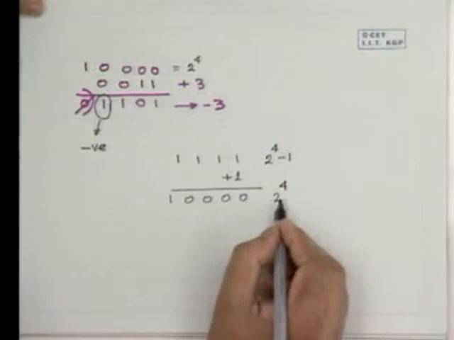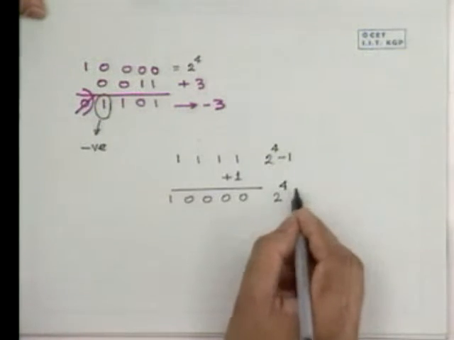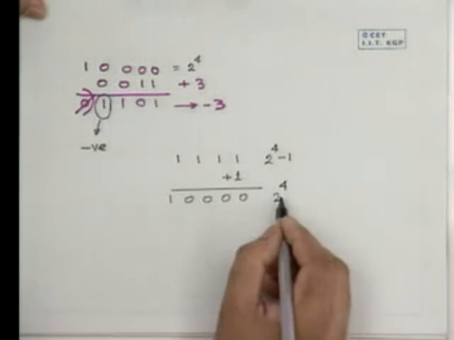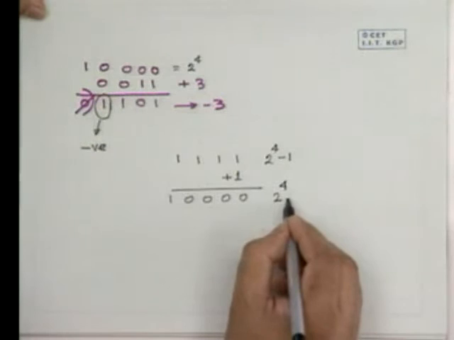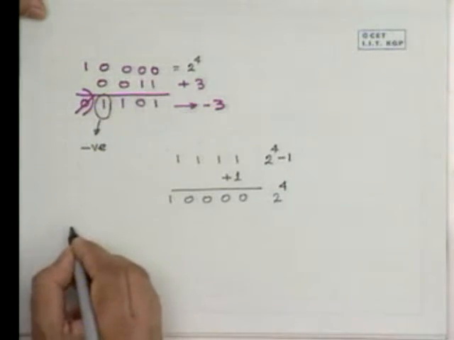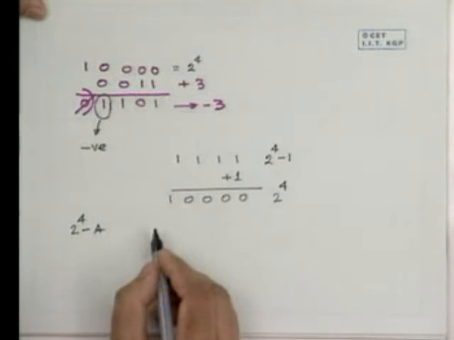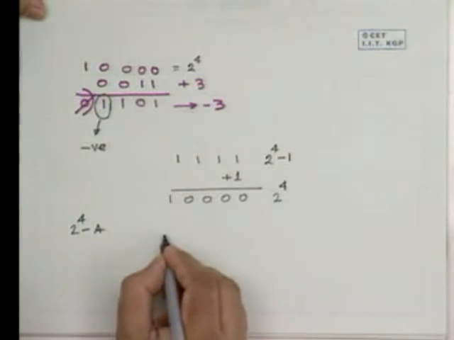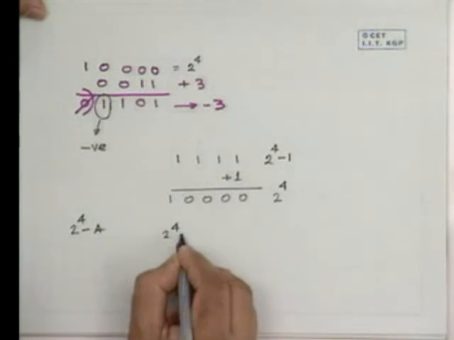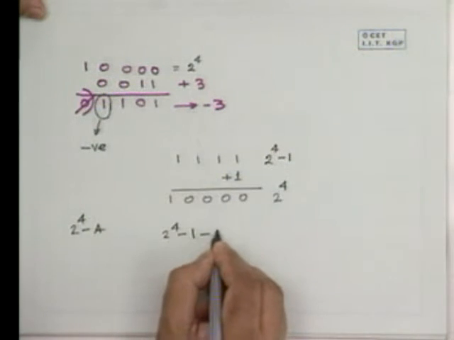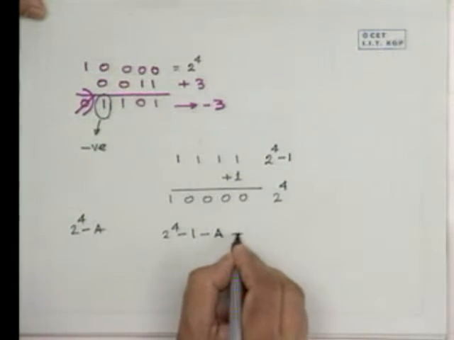Now, when we want to get a negative number represented as 2 to the power 4 minus a, what we can do is this: we take 2 to the power 4 minus 1 minus a and then add 1 to it.